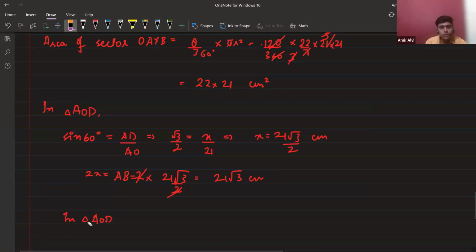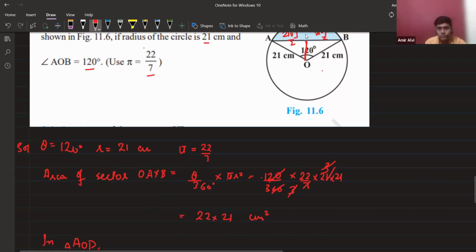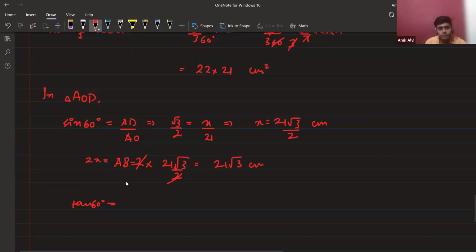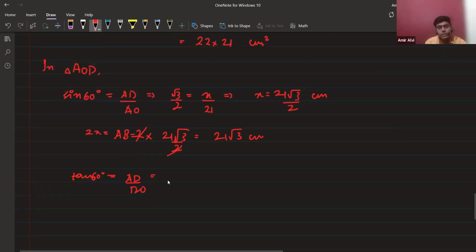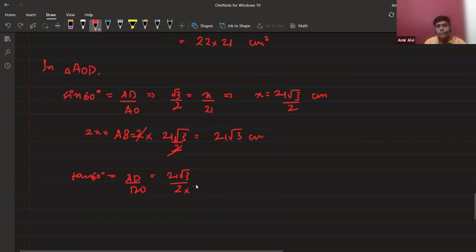Tan 60 is AD by DO, which is 21 root 3 by 2 divided by DO, suppose y. The value of tan 60 is root 3, equal to 21 root 3 by 2y. So root 3 will cancel root 3, and y will be equal to 21 by 2 centimeter.